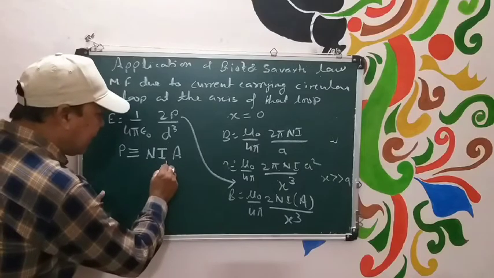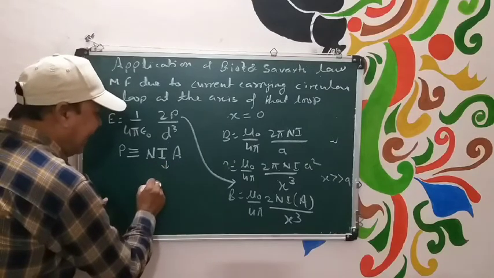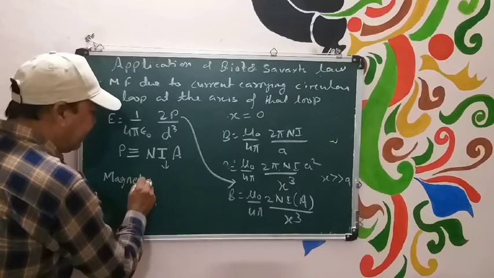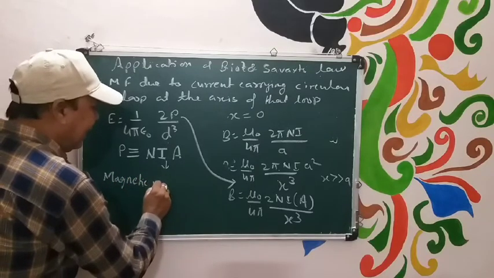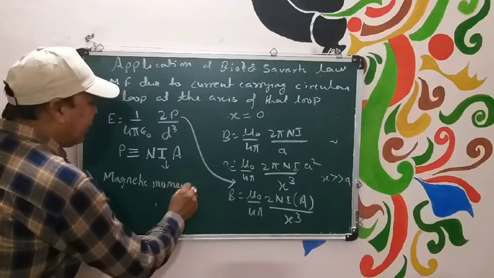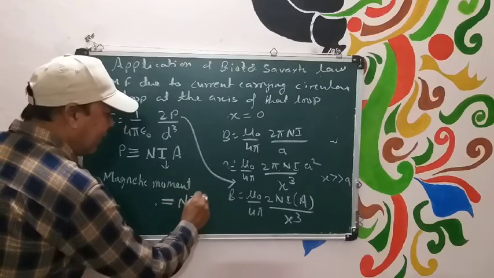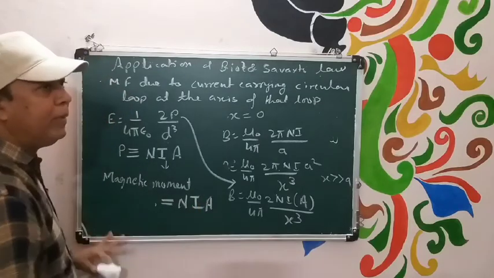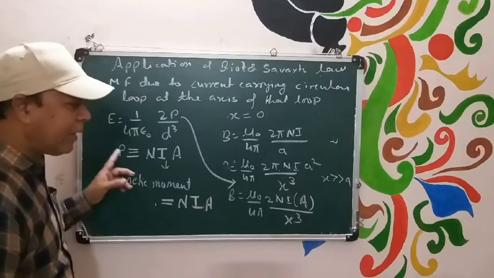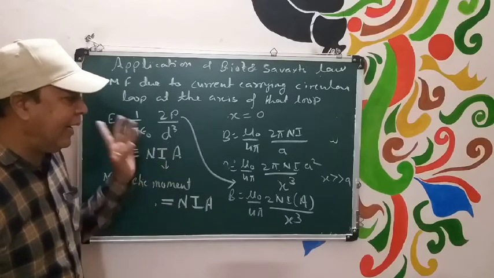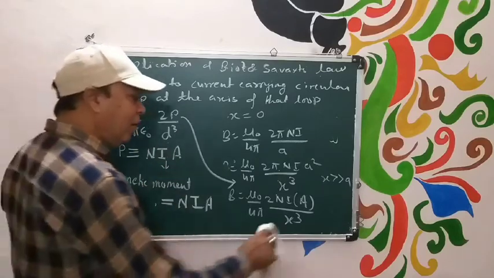So obviously this is magnetic field. So NIA is known as magnetic moment. This is known as magnetic moment, which may have same property as this P possesses. जैसी प्रॉपर्टी P की है वही यहाँ पर है, तो क्वांटिटी NIA is known as magnetic moment.